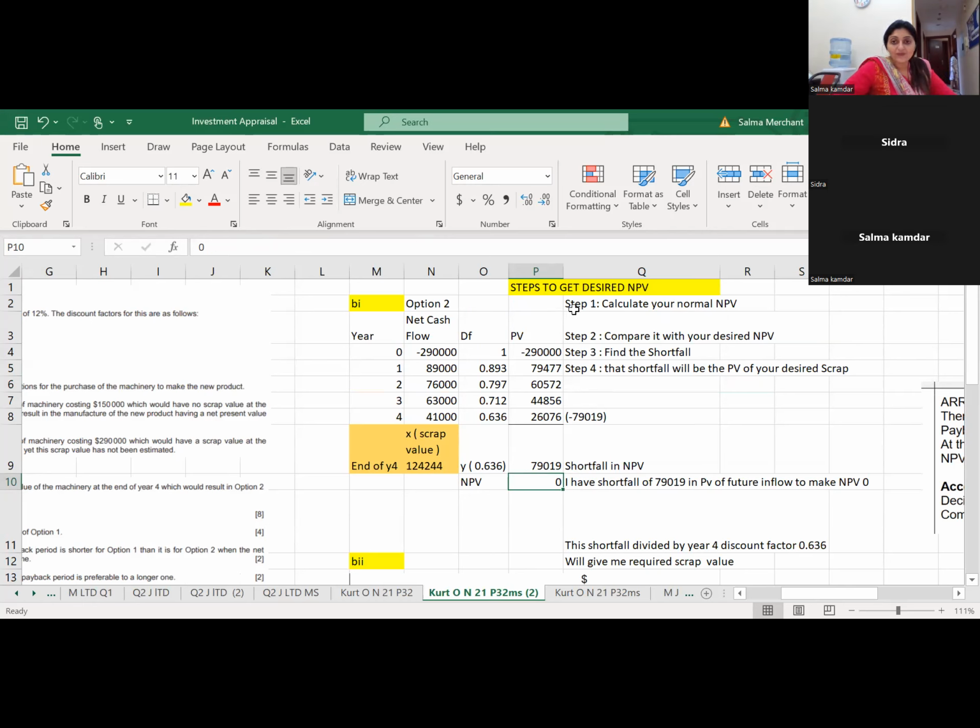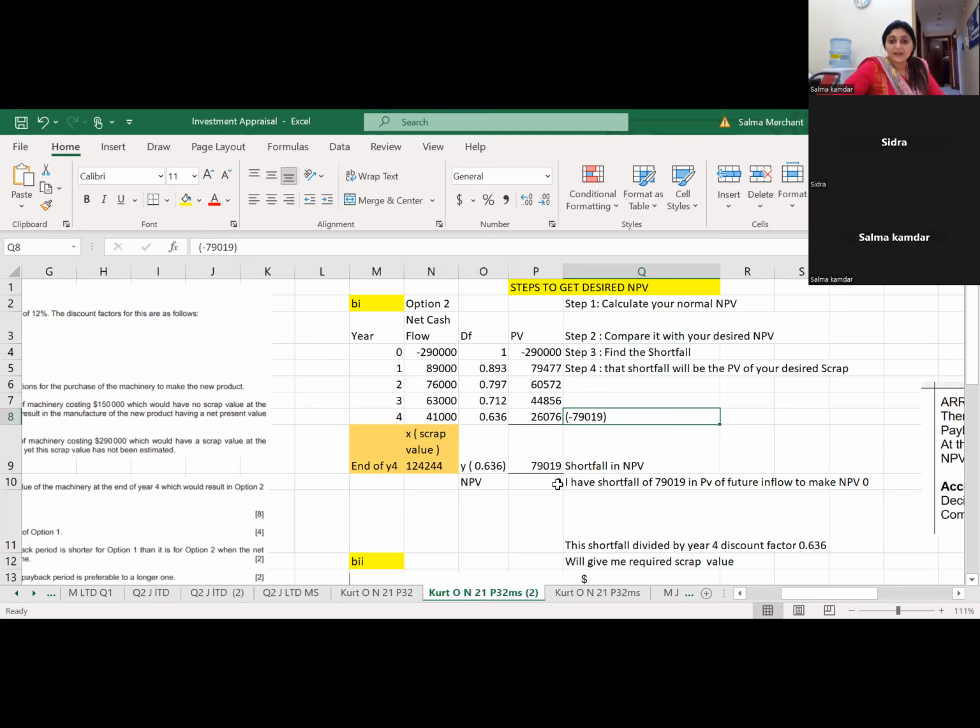In that, your first step is you calculate your normal NPV. That means you will have your years, your net cash flow, your discount factors, and you will get your present value.